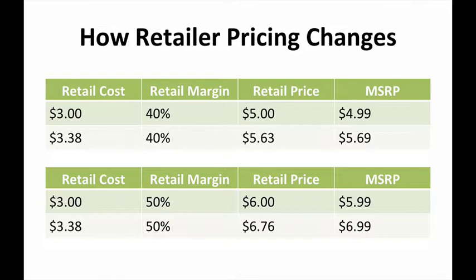And you'll see here we compare two scenarios with 40% margins and 50% margins, and how the retail price and MSRP changes. When you were selling for $3 at a 40% margin, you're able to get it on the shelf at $4.99. When that increases to $3.38 at a 40% margin, you go up to $5.69.